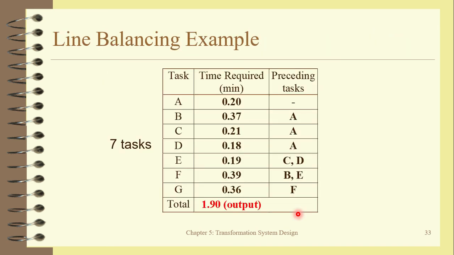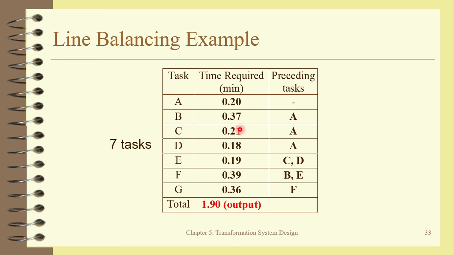Alright, so you got 7 tasks, you got the time required to complete each task, but a task has preceding tasks to complete. In this case, task A has no preceding task, but in order to produce tasks B, C, and D, you need to complete task A first.